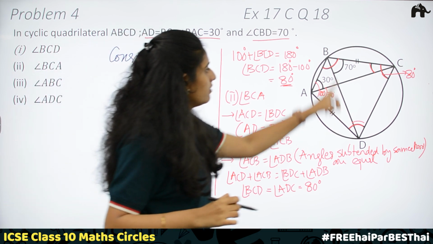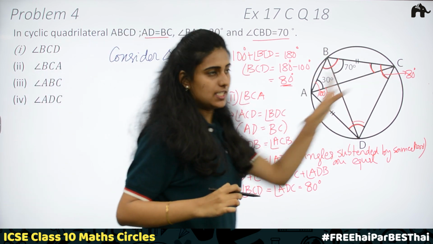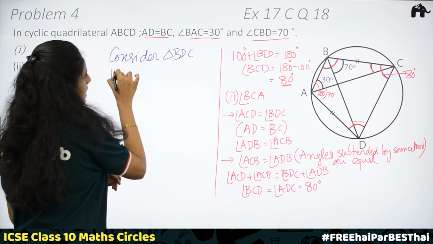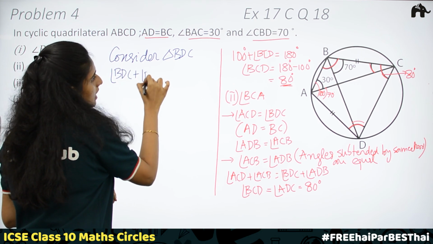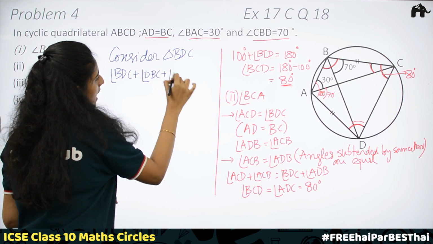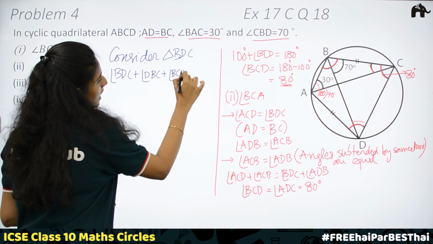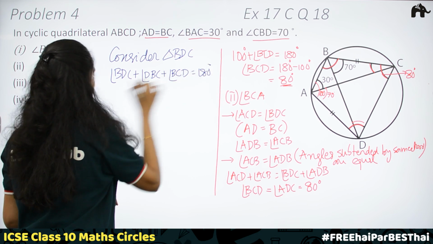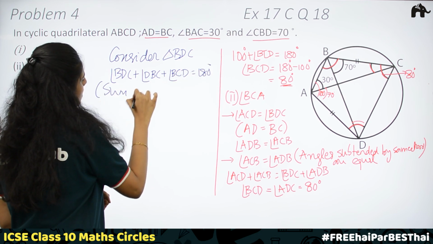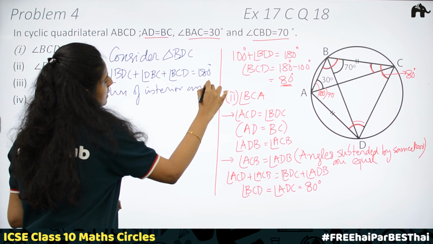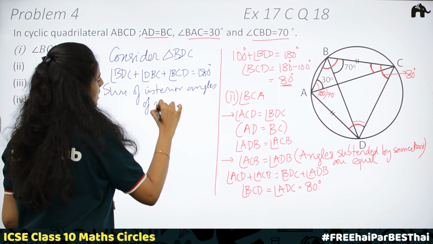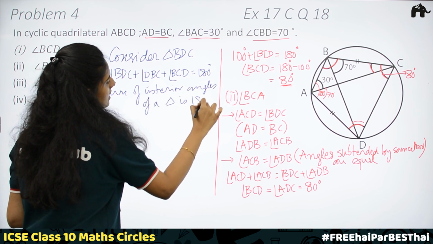We are going to find the value of angle BDC. We will be having angle BDC plus angle DBC plus angle BCD equal to 180 degrees. Sum of interior angles of a triangle is 180 degrees.